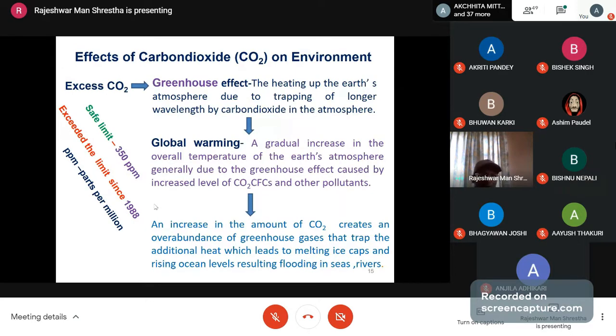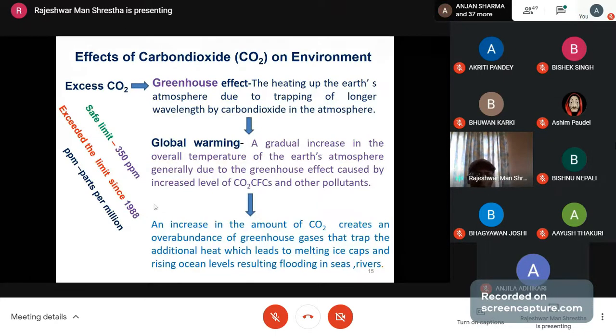When the atmospheric air contains more carbon dioxide, it will cause the greenhouse effect. That is the heating of the Earth's atmosphere due to trapping of longer wavelength radiation by carbon dioxide in the atmosphere. Then that will cause global warming.